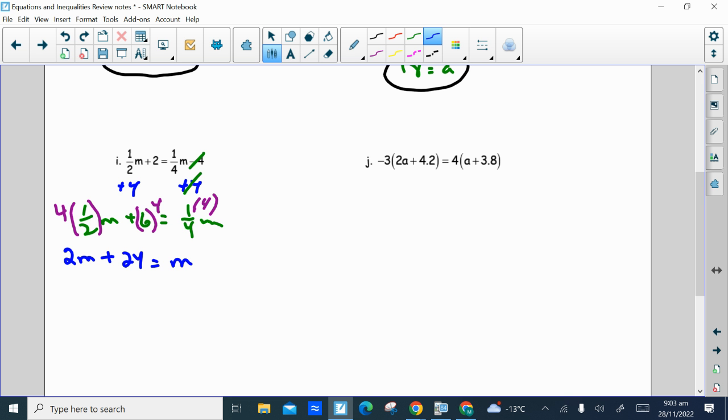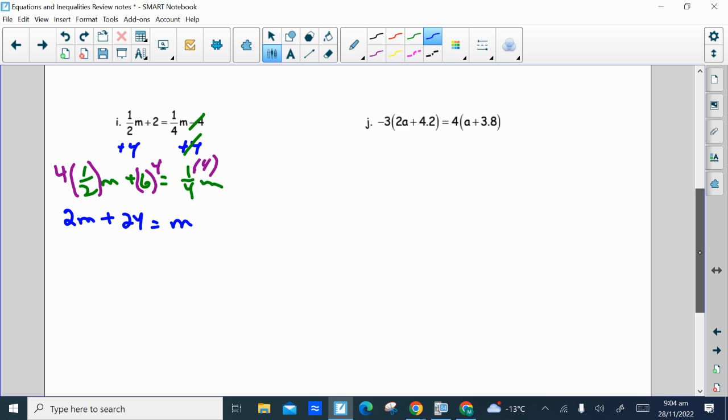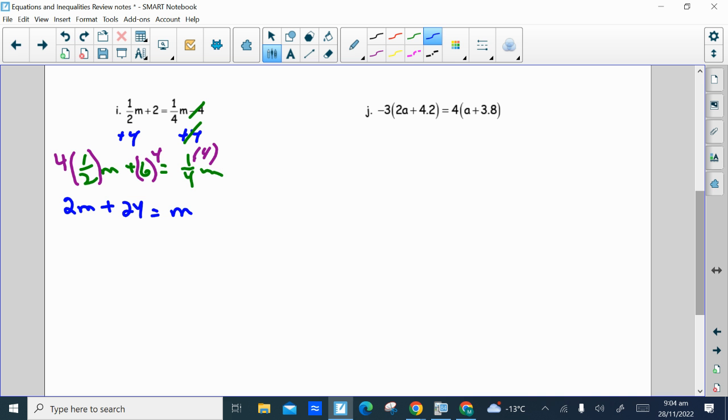Okay, so now we need to get the m by itself. And so what I would probably do is I would subtract 2m from both sides. It is going to mean that we're going to get a negative on the right side, but as long as you do everything correctly, that's fine. On the left, 2m, take away 2m cancels. You have 24 on the left.